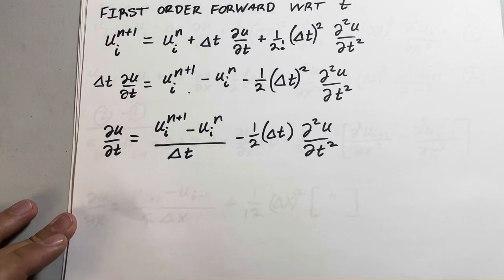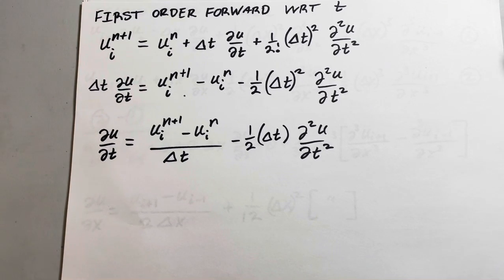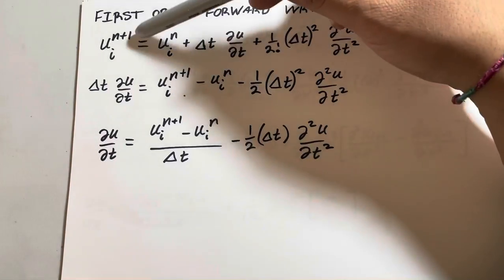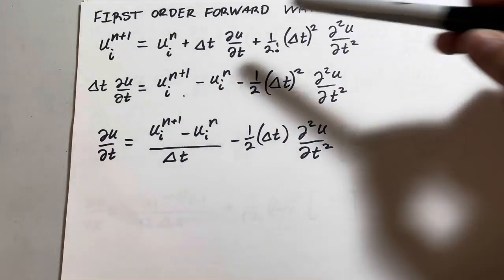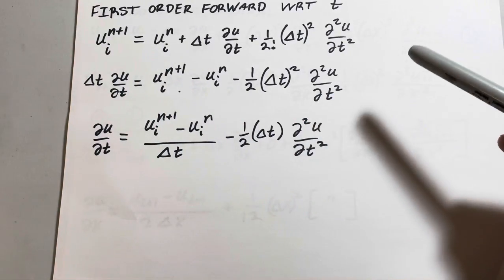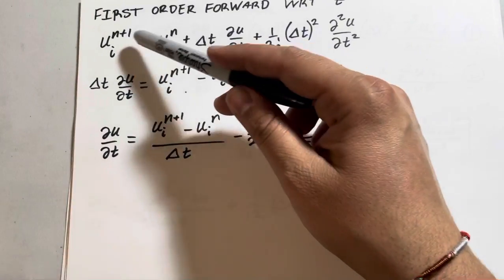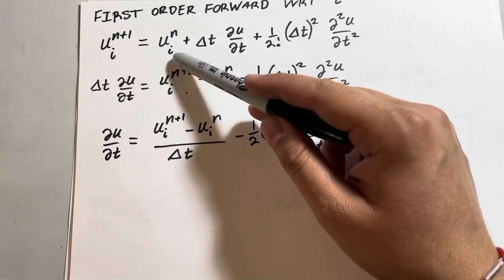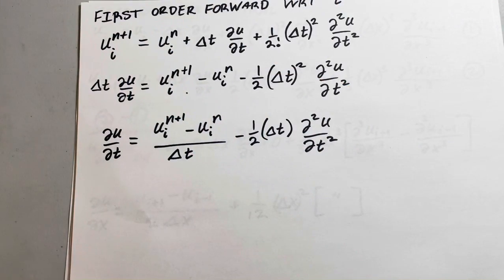So solving for the first order forward with respect to time, we are going to begin with the Taylor series expansion around the time step n+1 and n. And that will be the notation for through time, and the subscripts will be the notation through space.